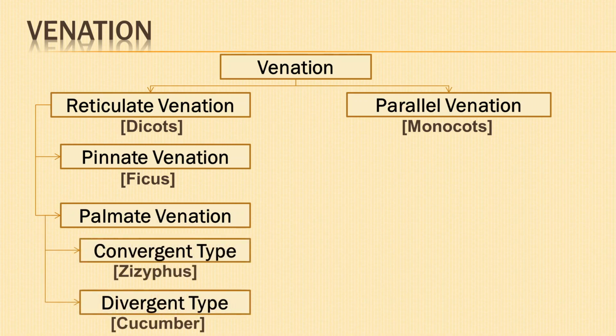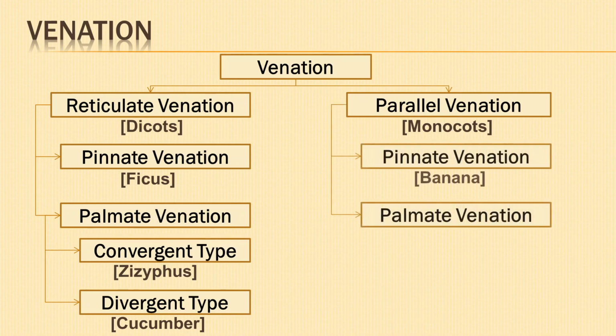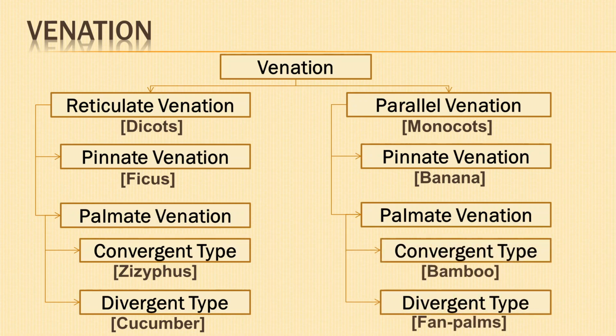Palmate venation can again be studied under two headings, namely convergent type and divergent type. Similar categorization is found in parallel venation, namely pinnate venation and palmate venation. Palmate venation can be further divided into convergent type and divergent type.